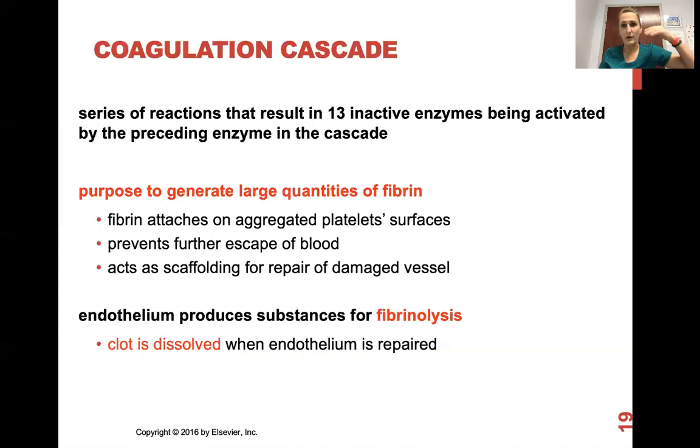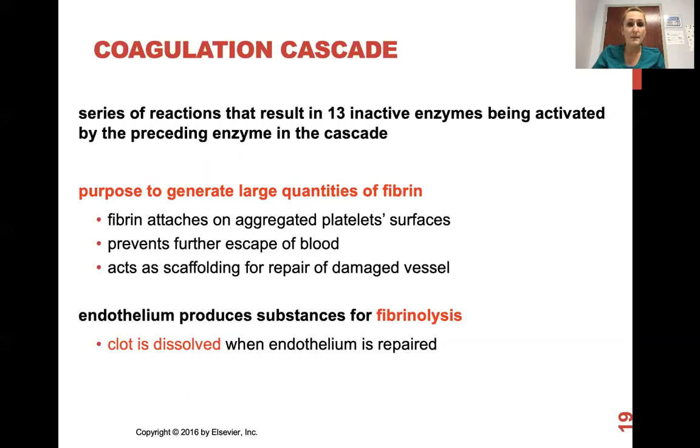So the first one, or I guess number 13, depending on the way that you look at it, gets activated by the injury, which then in turn activates the next, which then in turn activates the next, etc., so that it's like a waterfall. So they've all been activated, and that's 13 of those. On page 305 in your textbook, table 12.1 will show you those coagulation enzymes. You don't need to know their names or anything, but probably the quantity of those and understanding the concept.